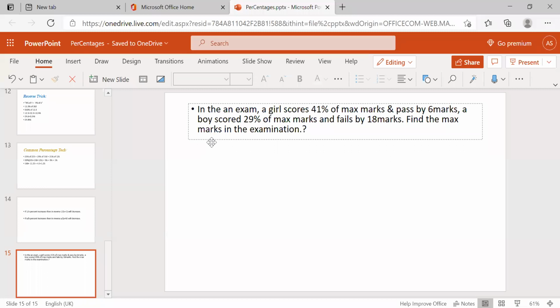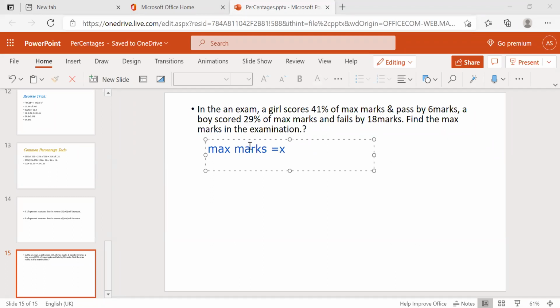What are they asking? Find the maximum marks. First of all, think for understanding the question. Let us assume x first of all. Generally these problems are solved by assuming x. The maximum marks will be x.